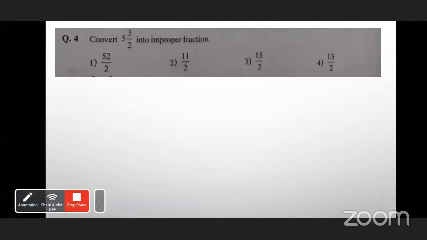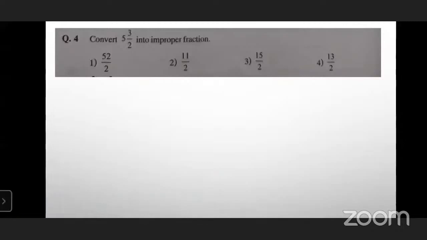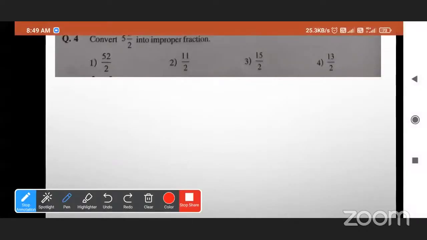Now here, convert 5 and 3 upon 2 into an improper fraction. This is a question for you. What do we have to do? Multiply. Okay, 5 and 3 upon 2. So we have to multiply which part? The whole number by 2.